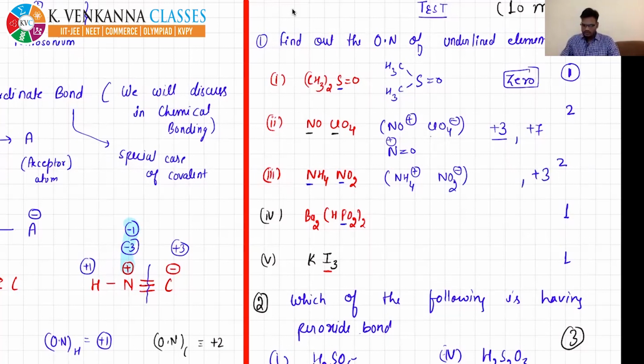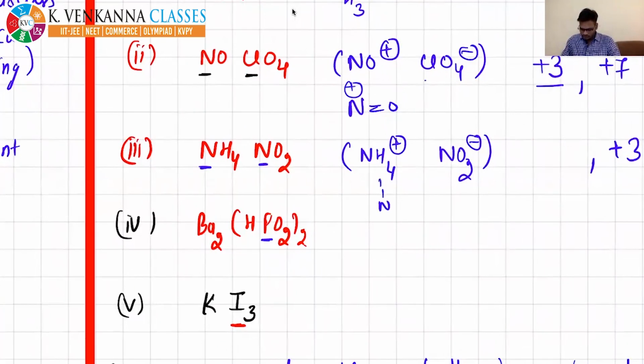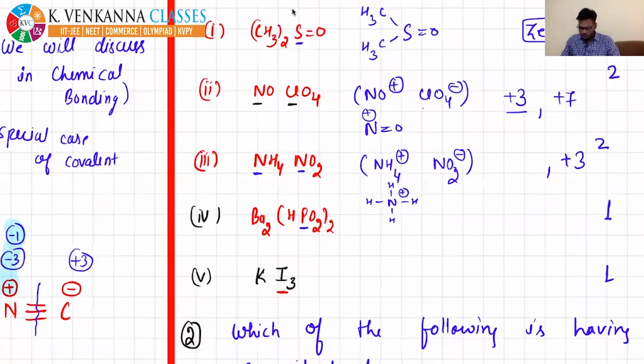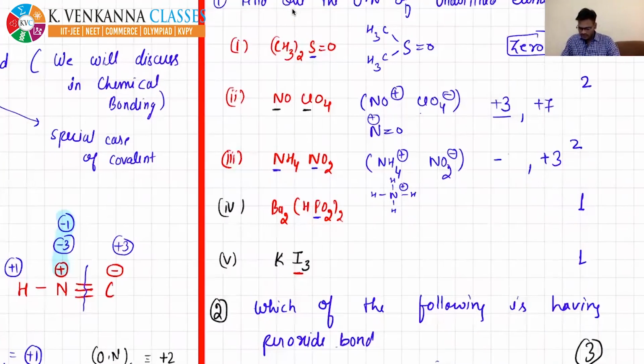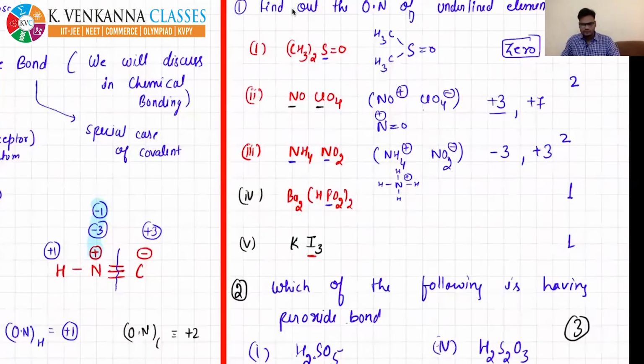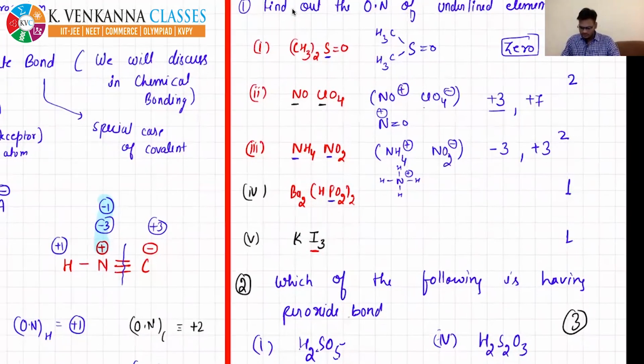and in ammonium, as I have already told you, it is like this, plus. So if you solve this, then it will get minus 3, right?